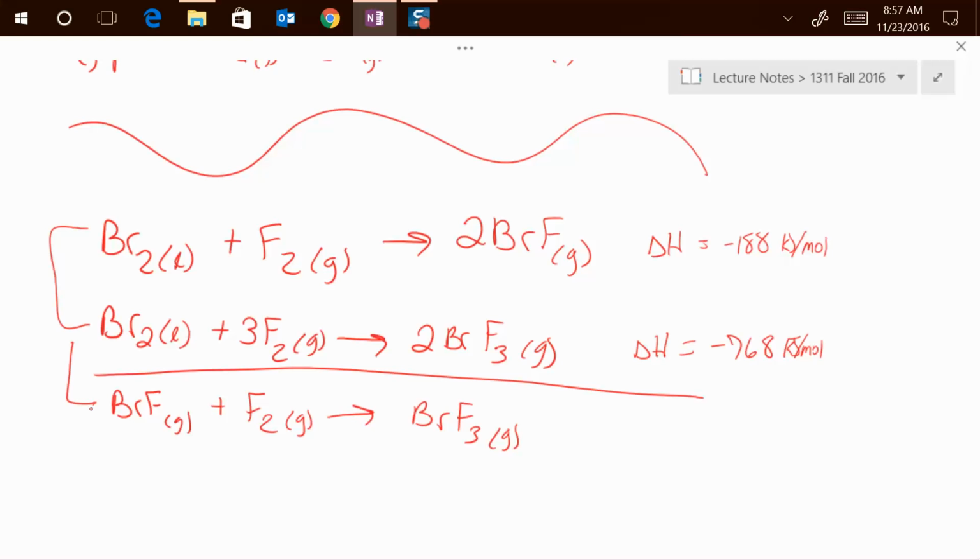So that's how the reaction follows. No, they will be. Because one divided by two.